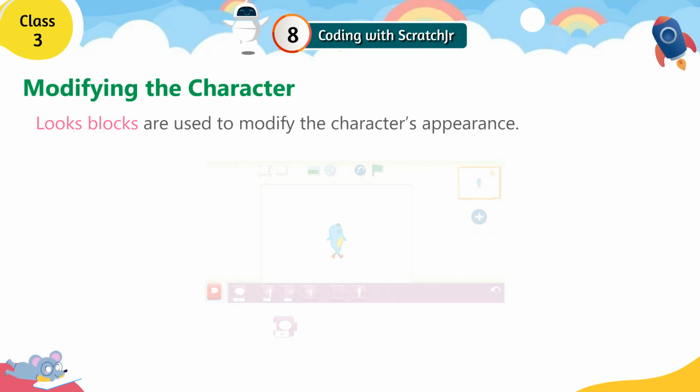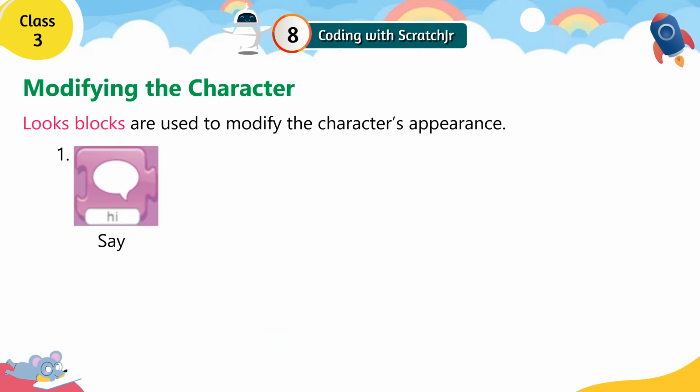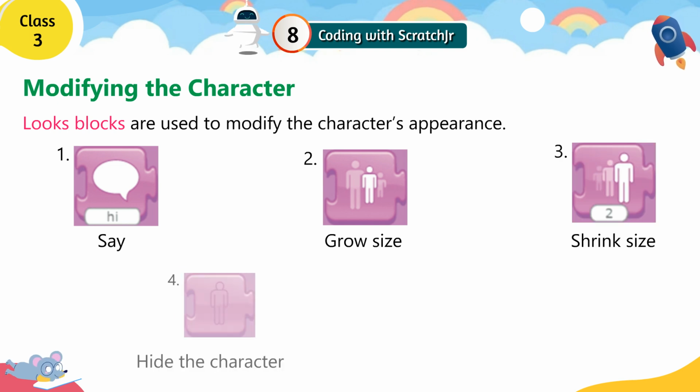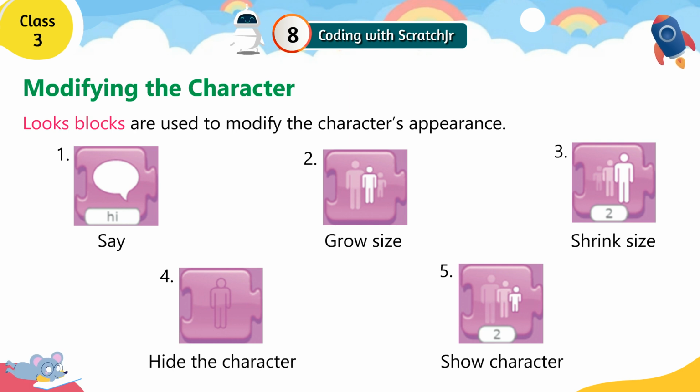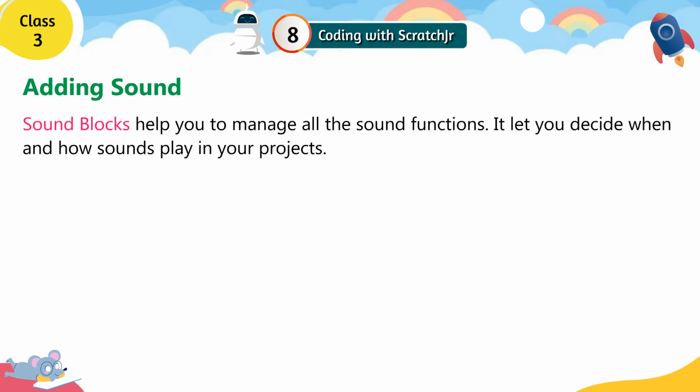Modifying the character. Looks blocks are used to modify the character's appearance. 1. Say. 2. Grow size. 3. Shrink size. 4. Hide the character. 5. Show character. Adding sound. Sound blocks help you to manage all the sound functions.